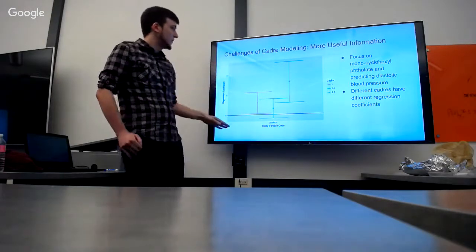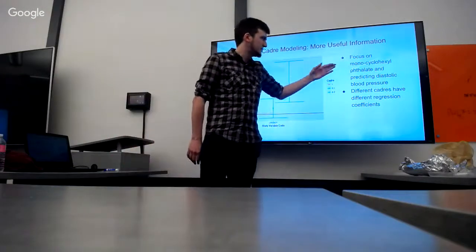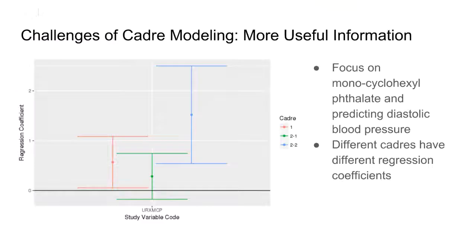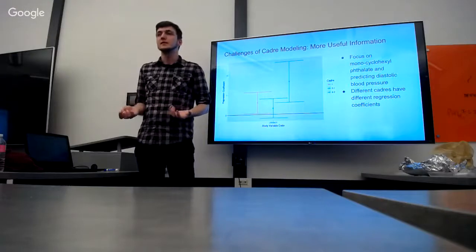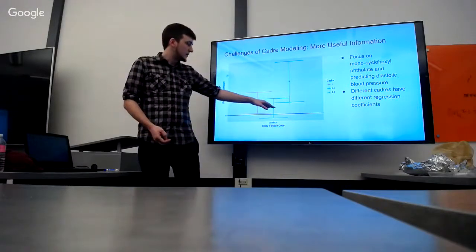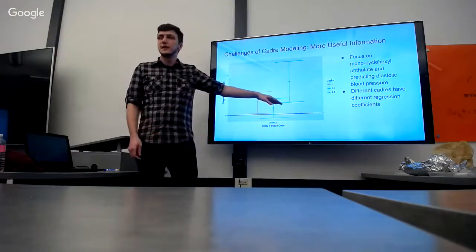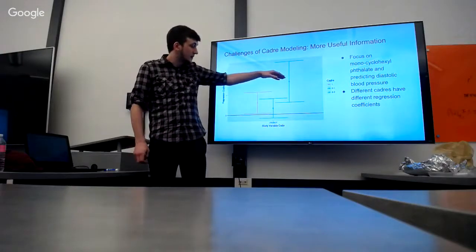Here, I chose a particular phthalate, monocyclohexyl phthalate, and we're trying to predict the diastolic blood pressure. The red error bar is what happens if you run a single population level model. Then the green and the blue are a two Cadre model. A two Cadre model has two different linear models in it, and this is the first linear model's regression coefficient, and this is the second.